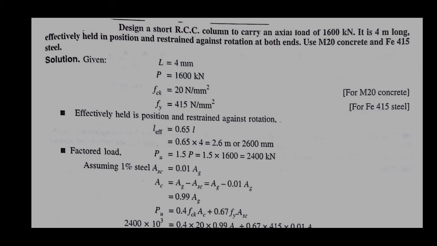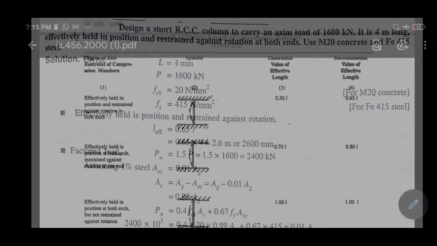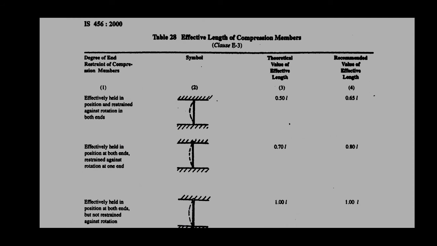Let us check out table number 28 of IS 456 2000. Look, in table number 28, in extreme left column, support condition or end condition is given. First one is effectively held in position and restrained against rotation in both ends.